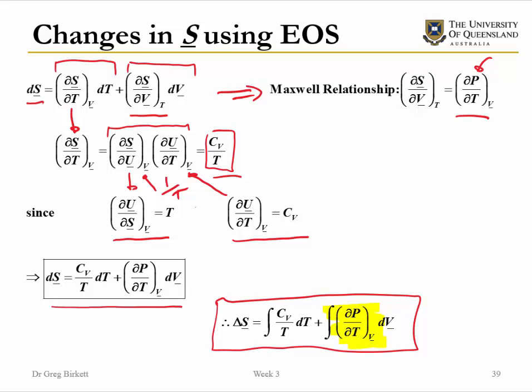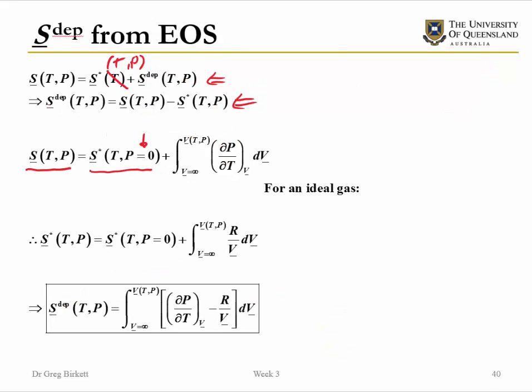At a fixed temperature, I'm integrating from high volume, from my ideal gas, to the volume that I'm interested in. Then for an ideal gas, I can do a similar thing. The ideal gas entropy is the entropy at very low pressure plus the integral from high volume to the volume that I'm interested in, and this one here should be the ideal gas entropy.